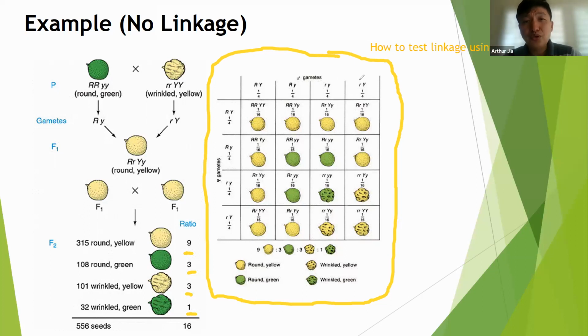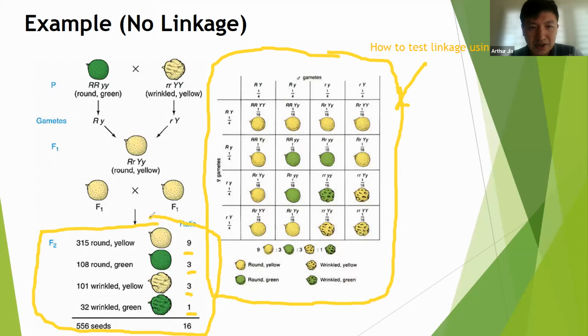But for 2 traits, 2 different genes, if they are unlinked, these 2 genes will sort independently. So based on this assumption, he can clearly write the outcome from this cross using this Punnett square, the 4x4.